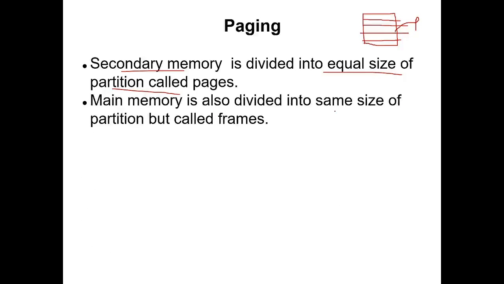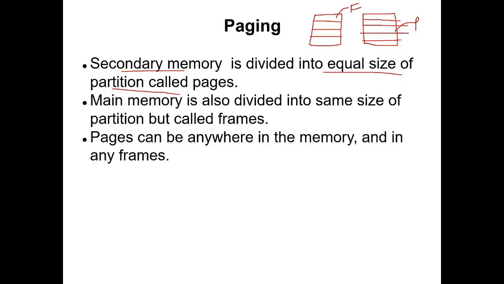Main memory is also divided into partitions of the same size, but they are called frames. Whatever partitions are made in secondary memory, the same partitions are made in main memory, also of equal size, but these are called frames of main memory.